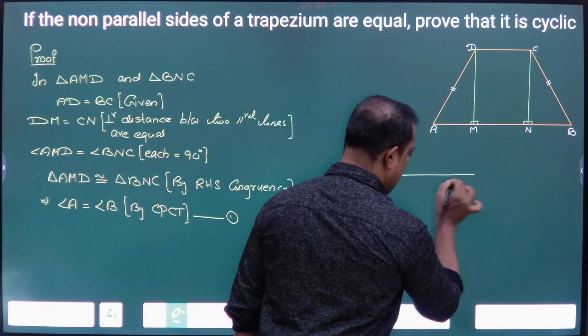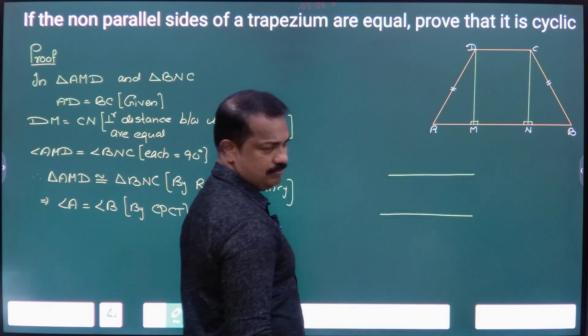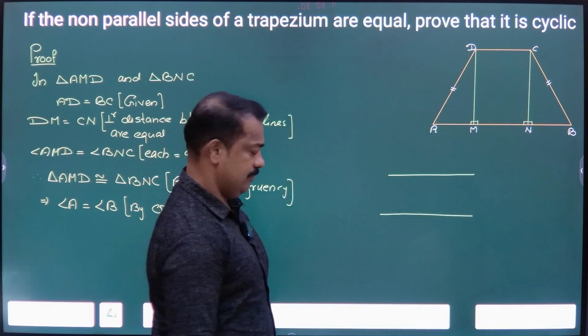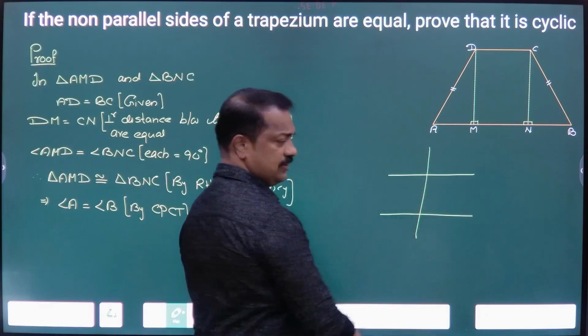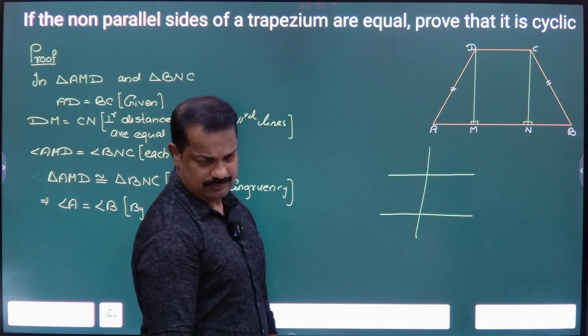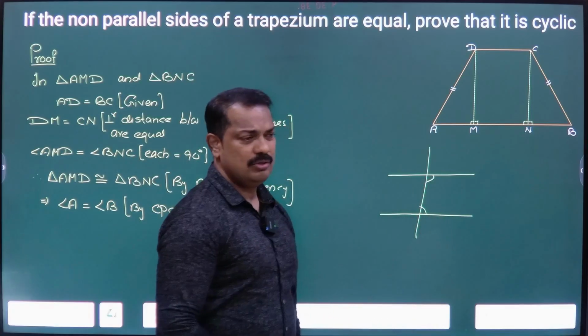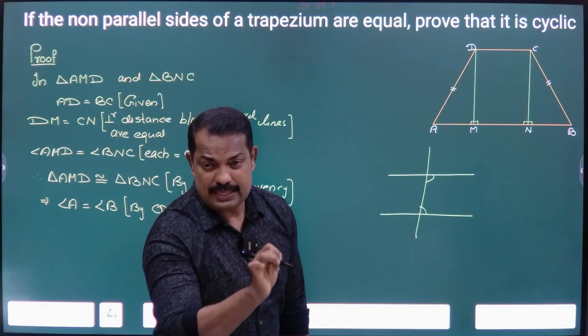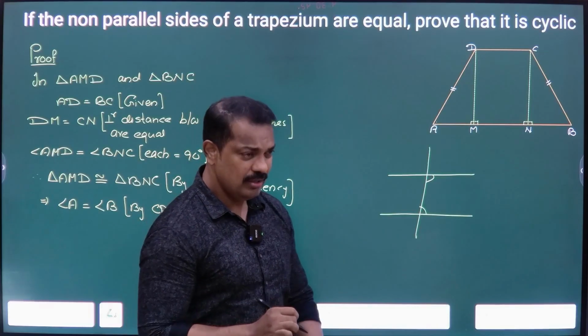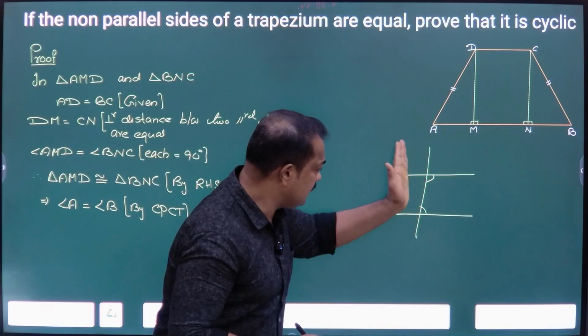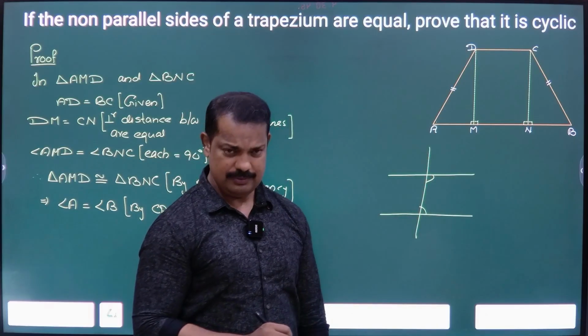Next, listen. If two lines are parallel, given, and this is a transversal, these two angles are called co-interior angles, or interior angles on the same side of the transversal.